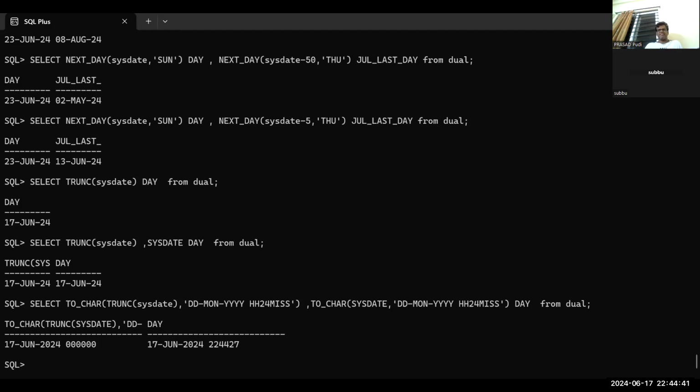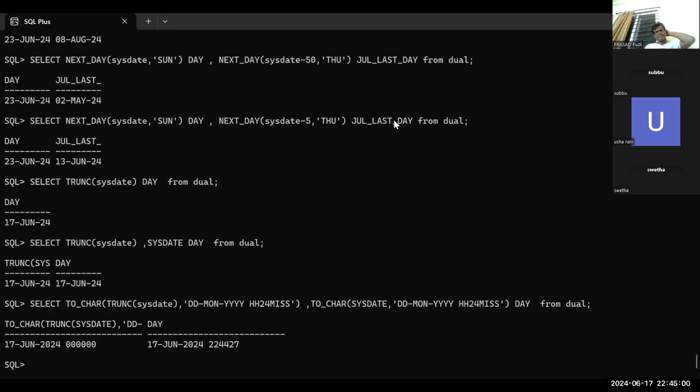Is there any difference or not? What is the difference?